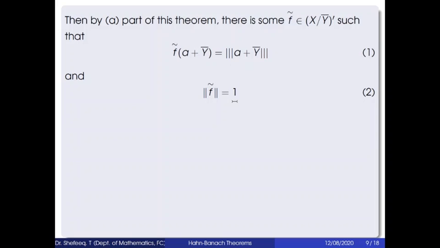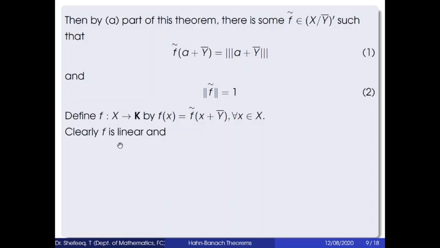Now define f from X to K by f of x is equal to f tilde of x plus Y bar, for all x belongs to X. So clearly f is linear and also mod f of x, which is equal to by definition mod of f tilde of x plus Y bar, which is less than or equal to norm f tilde into quotient norm x plus Y bar.